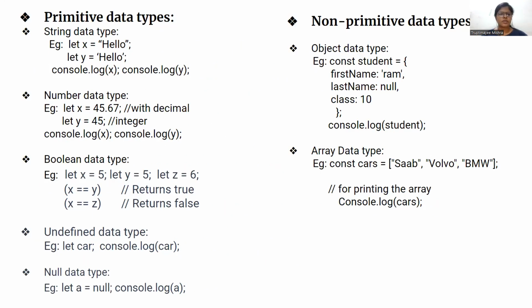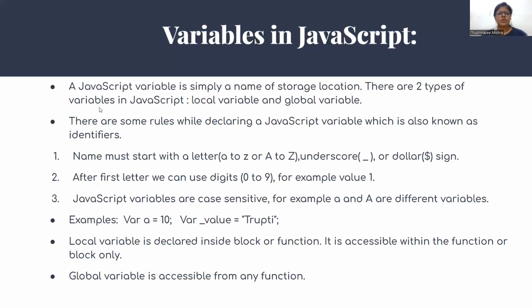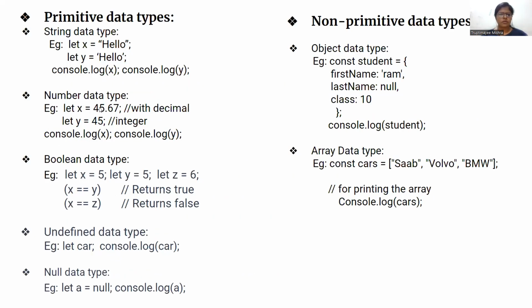So here are the examples. In the string data type, we are using the let variable here, and we can store the value using double quotes and single quotes, and output is shown by console.log(x) or console.log(y). In the number data type, we can use both decimal values and integer values.